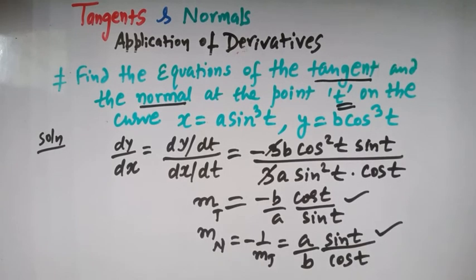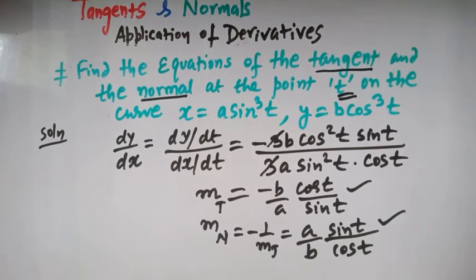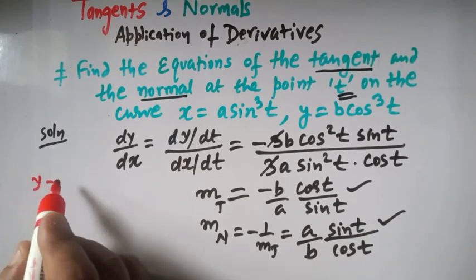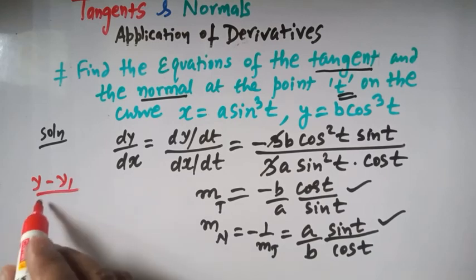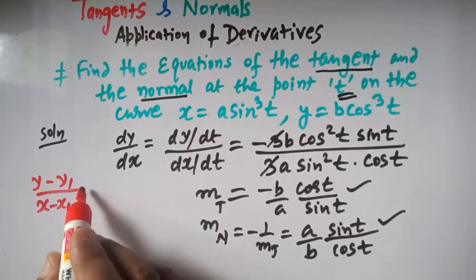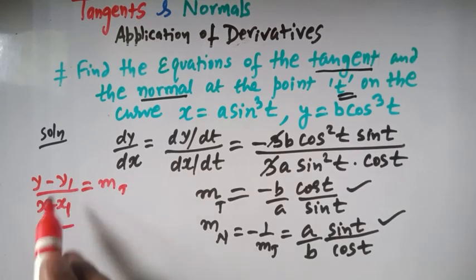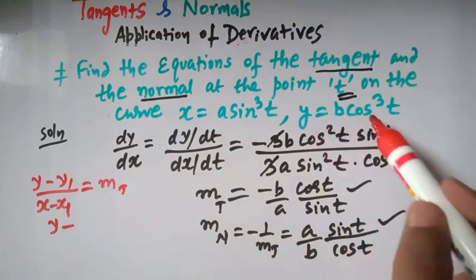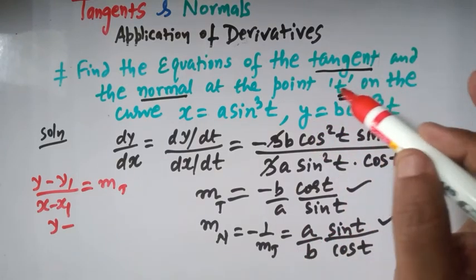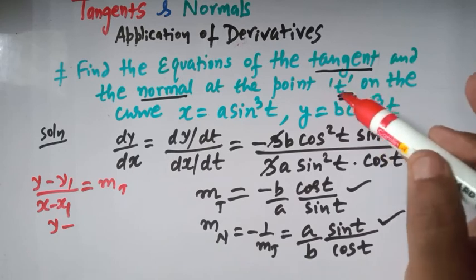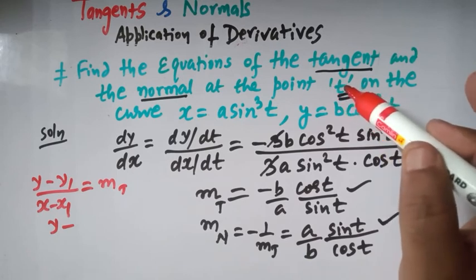Clear? Now we have to find the equations of the tangent and normal. The equation of tangent can be obtained by (y minus y1) over (x minus x1) is equal to the slope of the tangent. So we have y minus y1, and here t is the general point and t is known as the parameter.